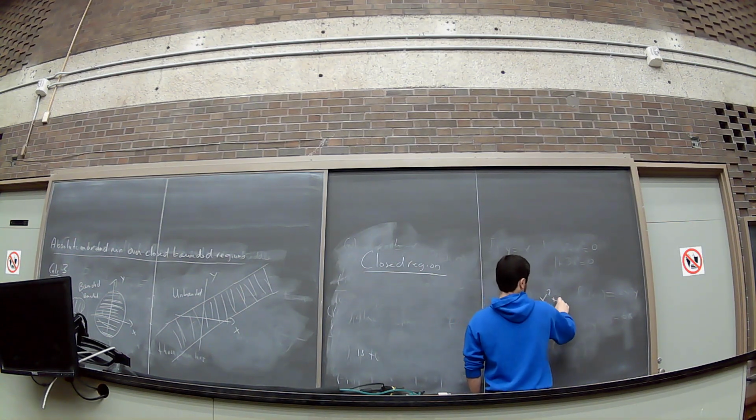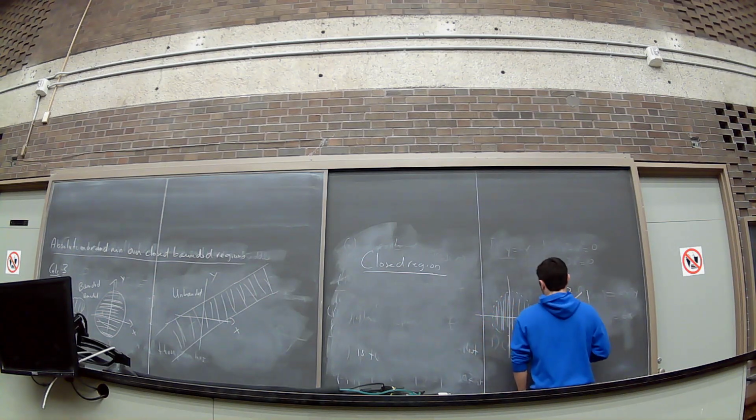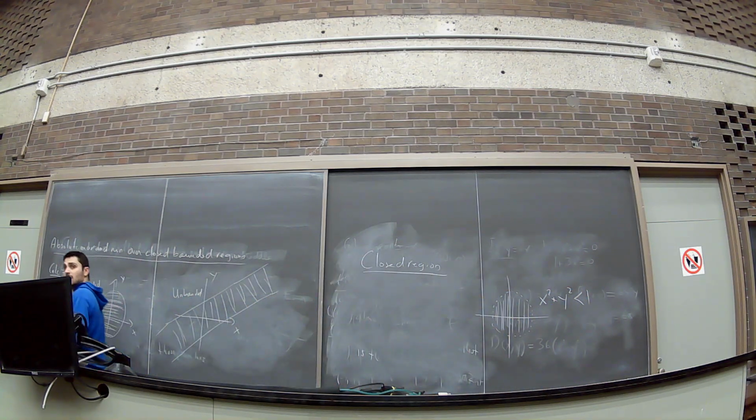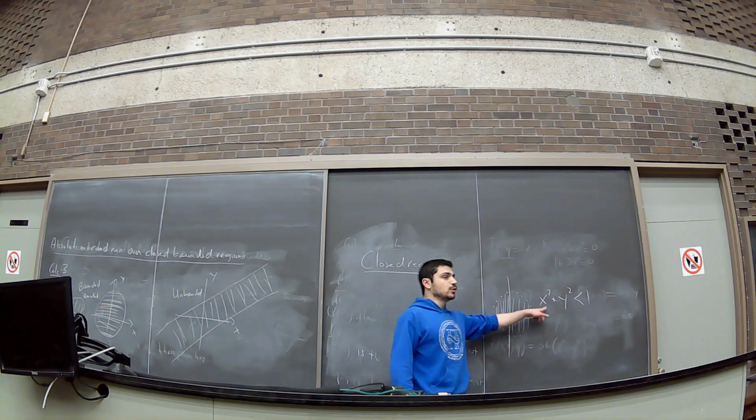Let's take the set such that x squared plus y squared is strictly less than 1. That's a disk. Now, does this disk have a boundary? What is the boundary of the disk? The circle, right? Now, is this region that I drew closed or not?